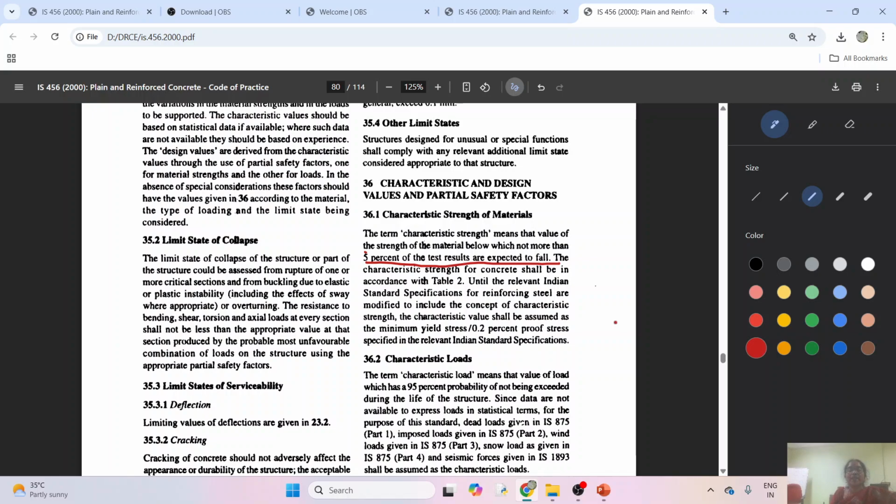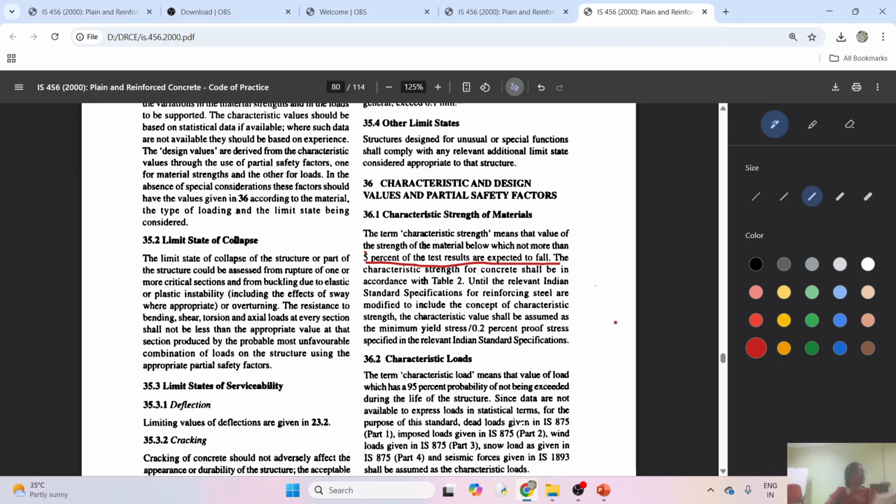The grade of concrete is given in Table 2, and for steel, the characteristic strength shall be assumed as the minimum value of yield stress or 0.2% proof stress. So this is the characteristic strength of the steel.